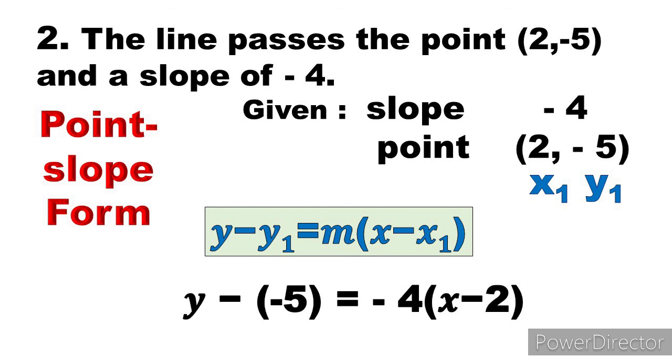So we rewrite y, minus the value of y sub 1, which is negative 5, equals m, which is negative 4, times the quantity of x minus x sub 1, which is 2. Now we have the new equation: y minus negative 5 equals negative 4 times the quantity of x minus 2.